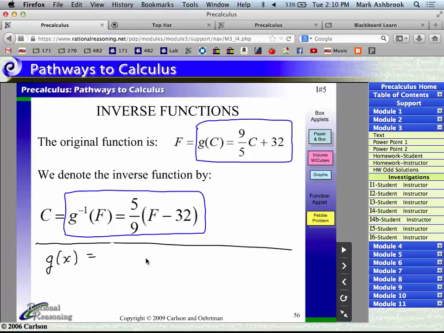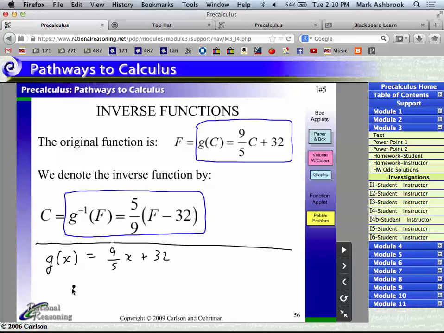It's a different way of writing the same function. Joe, what would it be? 9 over 5 X plus 32, right? So now the input's X, not C. So X generically means an input of any function.